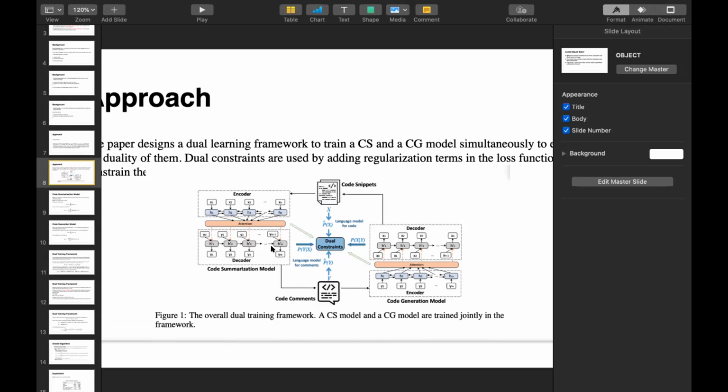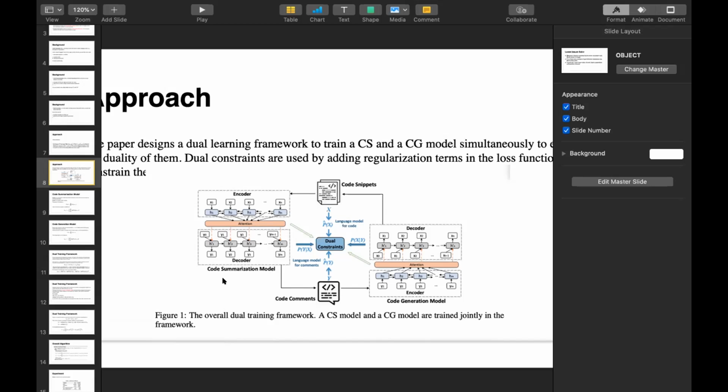Oh, during training the process is still supervised. For example, for the code summarization model, the input is the source code, and it will generate the code comments, and it will compare with the ground truth comments. Okay, so it still compares with the ground truth.